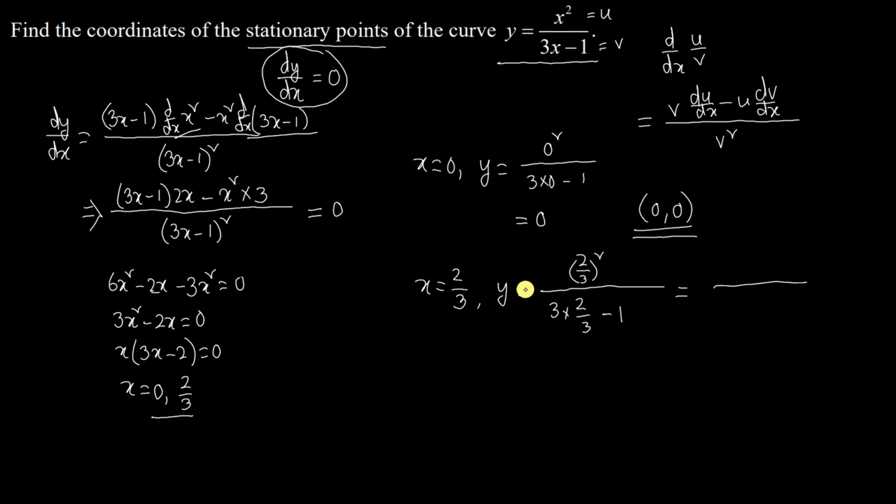From the denominator we can write 2 minus 1, which is 1, and the top one is 4 by 9. So actually it becomes 4 by 9, because the denominator gives us 1. So our other coordinate is 2 by 3 comma 4 by 9. This is our other stationary point coordinate.